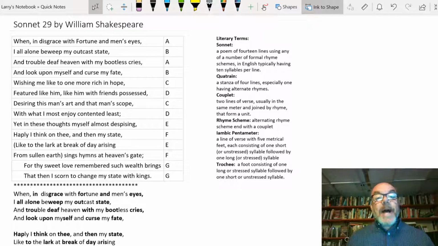So on the left-hand side, we see the definitions of some of the literary terms. Sonnet: a 14-line poem using a number of formal rhyme schemes. In English, typically 10 syllables per line. And you notice the rhyme scheme: A, B, A, B, C, D, C, D, E, F, E, F, G, G. That's your typical rhyme scheme.